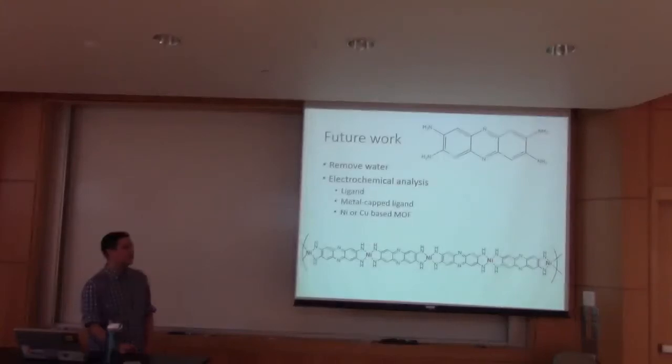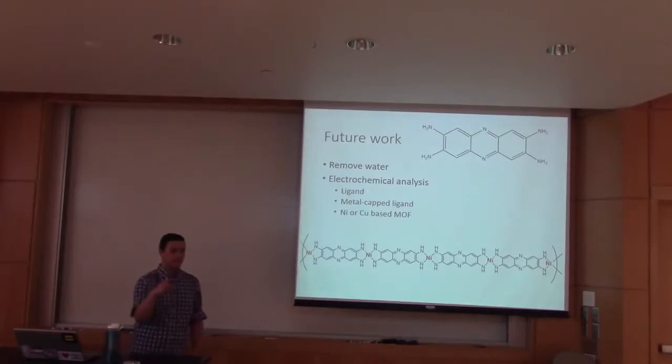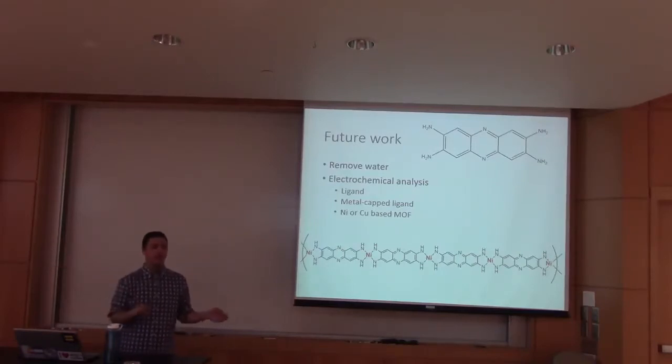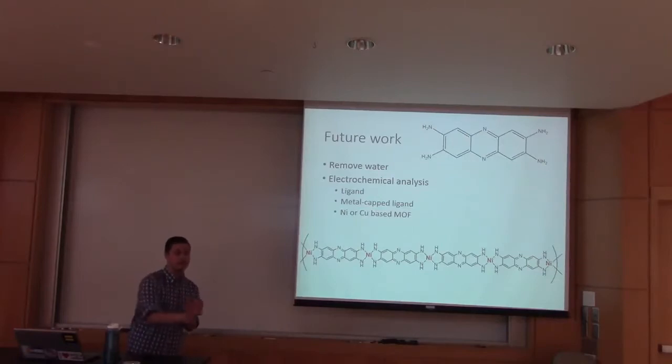I think the way to go about that would be to maybe include some kind of metal cap and then create a MOF from that, and then try and get that cap off and then grow something on the other end. That sounds hard. Yeah. That's my only way I'm thinking of right now that you can get around that. Other than that, the thing about MOFs is you throw them all together, or throw the metal and the ligand in, and it builds itself. So you can't really go out and say, I want this ligand here and this ligand here. It'll do it in a way that's most symmetrical and easy. It does it itself.